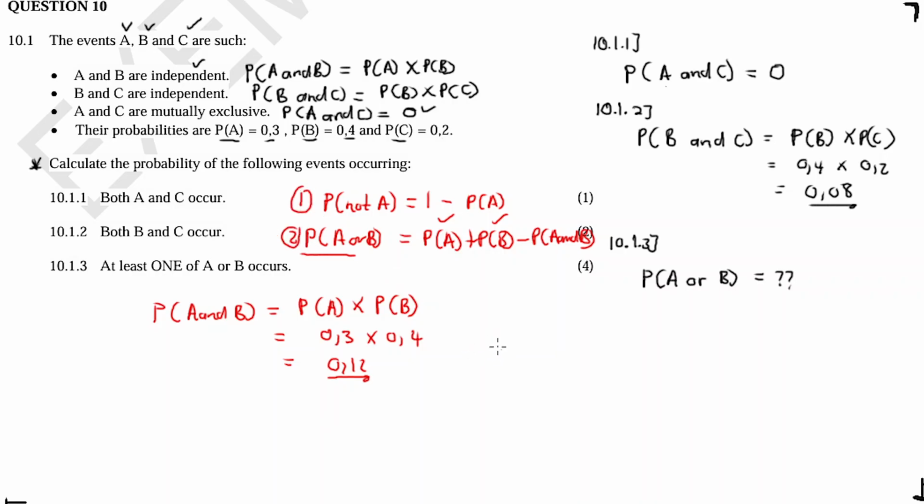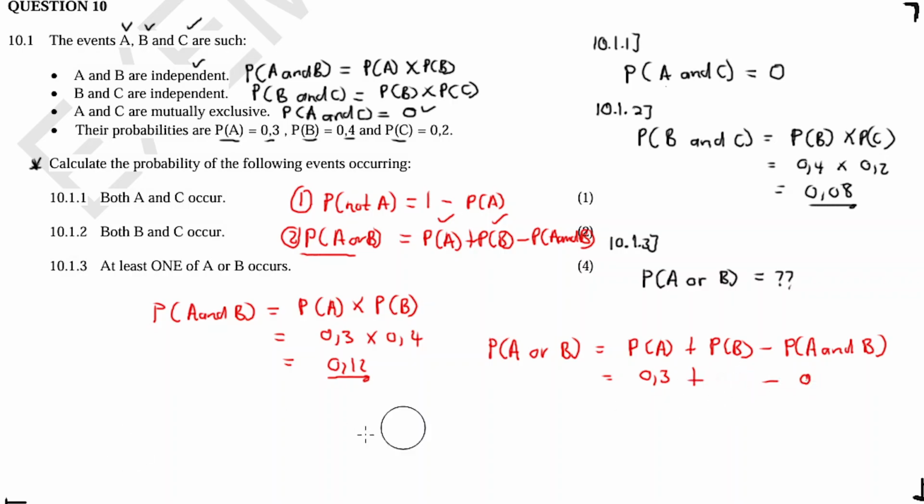Therefore, we're going to substitute into the second equation. The probability of A or B is equal to the probability of A plus the probability of B minus the probability of A and B. We have 0.3 plus 0.4, the probability of B. The one we just calculated was 0.4, not 0.3.